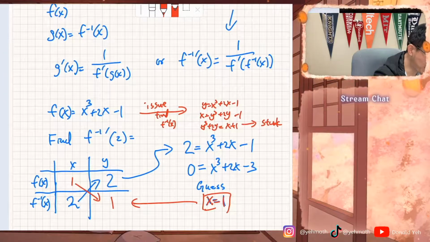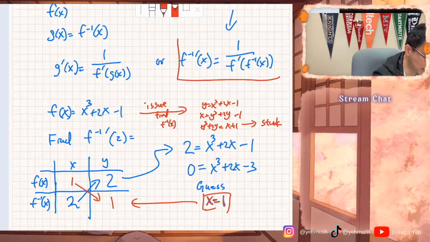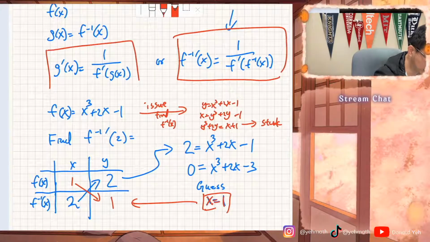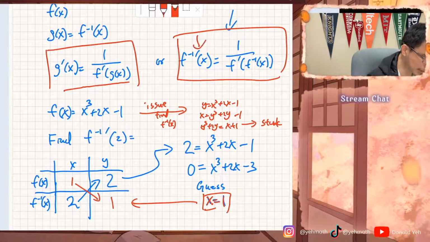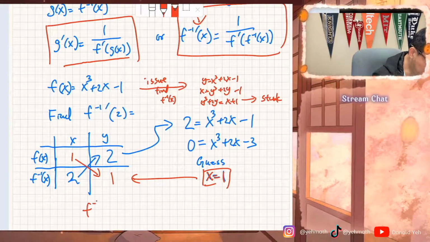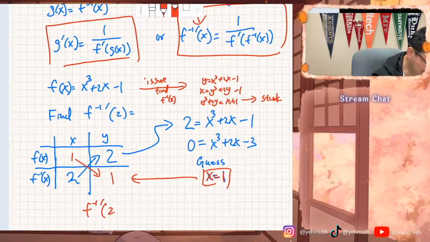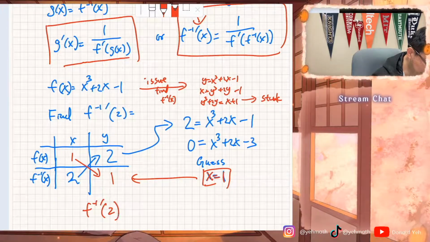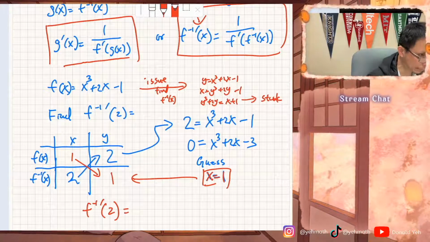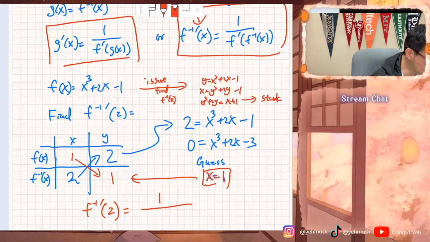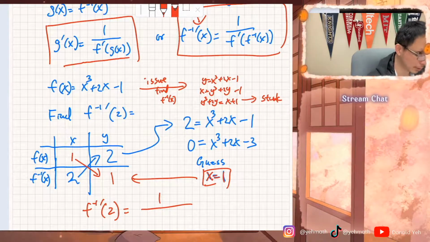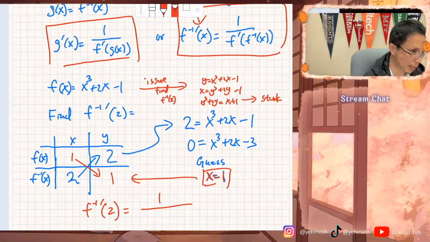Now we're going to use these formulas. I can use this one or this one. We wanted this, right? F inverse prime at 2, so I'm going to use the right one. Does that make sense? That means 1 over f prime at f inverse of 2. Well, we have to figure out f prime of x first.